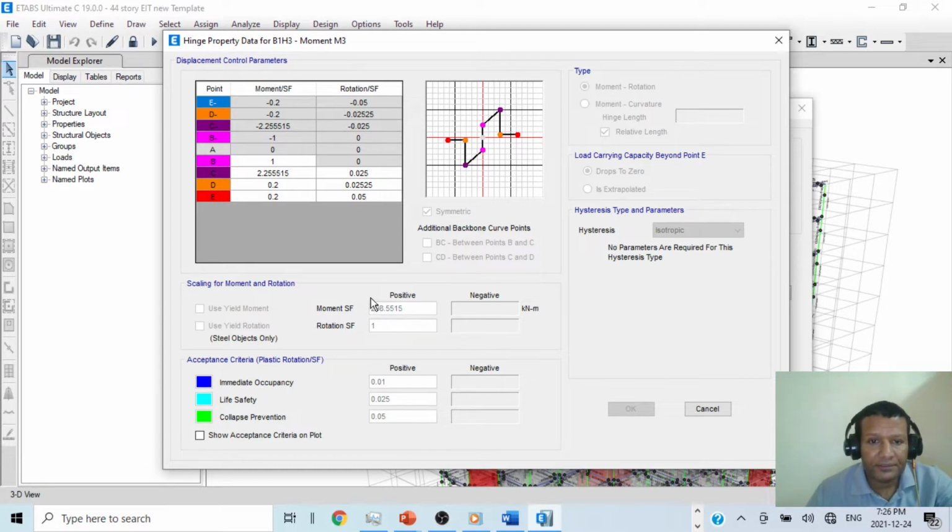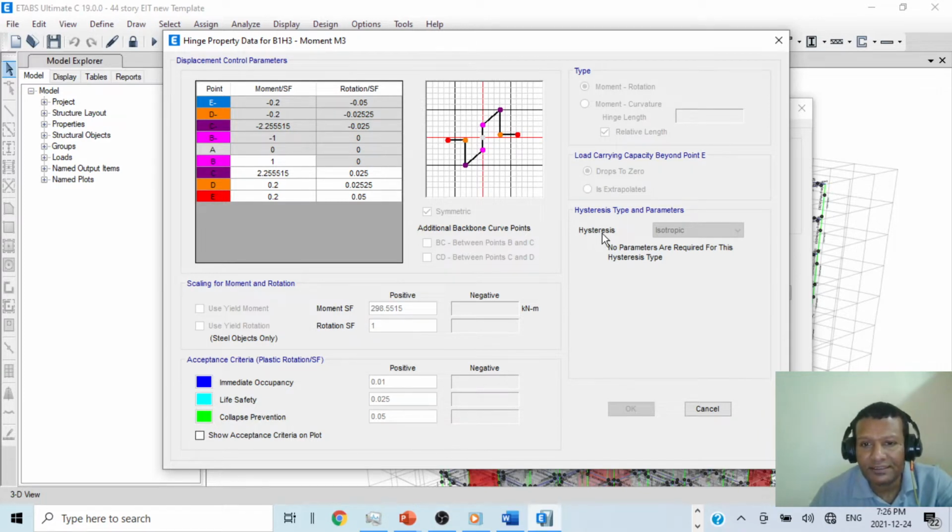This is the backbone. As you can see, these are the points A, B, C, D. This is where the ductility starts. This is where our material starts. This is A, this is point B, point C, point D, point E. Each point has its own explanation. I will come to it in a moment.